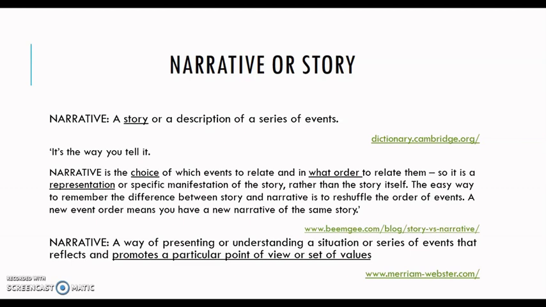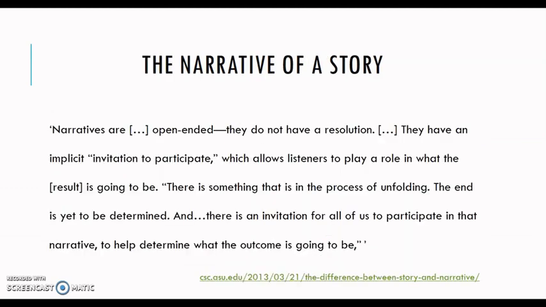It is not only the way we tell it, but it also promotes or reflects a particular point of view, that is to say, the writer's point of view or the teller's, and a set of values. So we now can talk about the narrative of a story. One story, maybe many narratives.